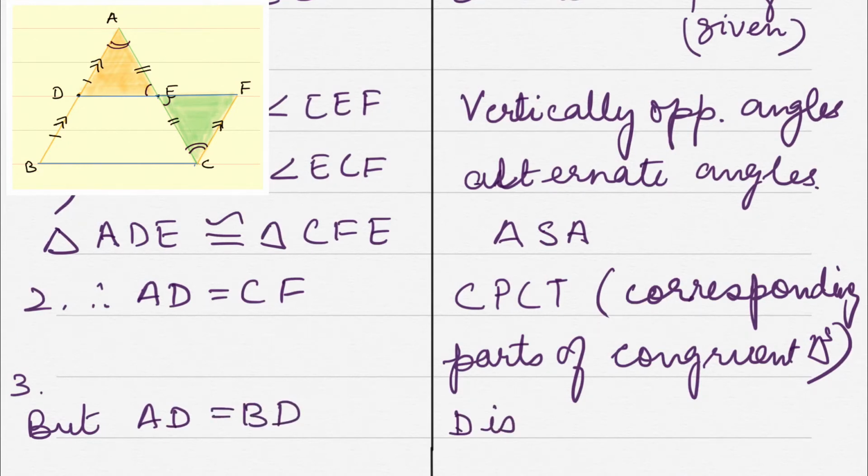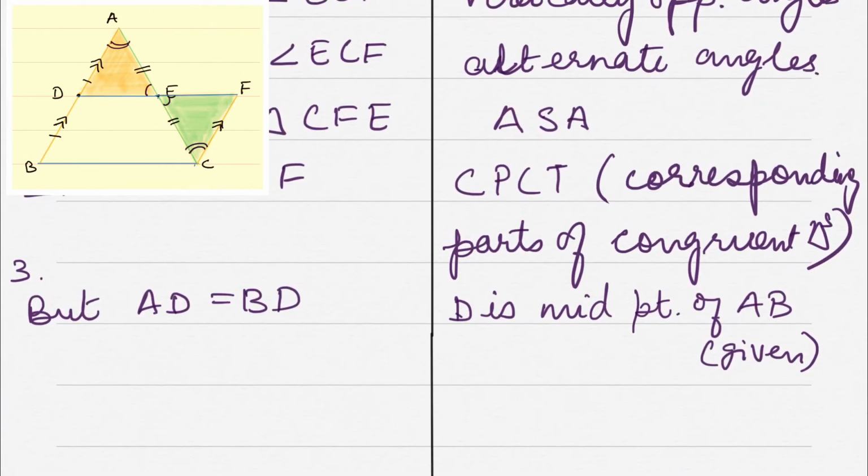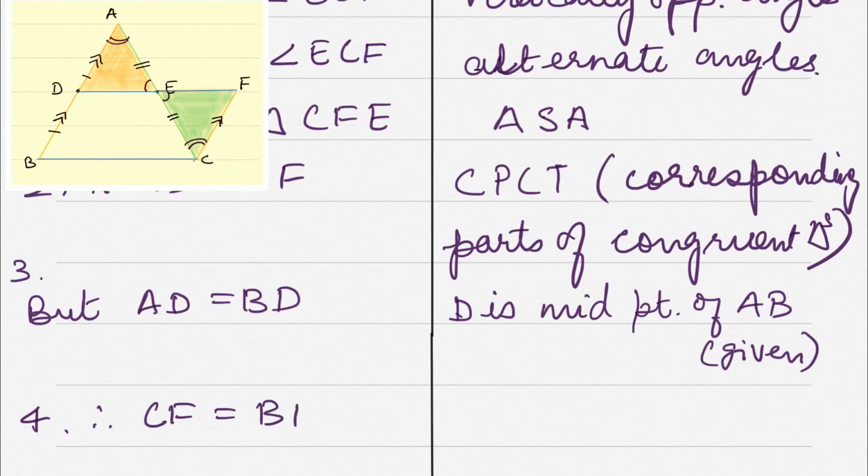D is the midpoint of AB, and that is also given to us, correct? So from the second and third point, I can write down that CF is equal to BD, right?